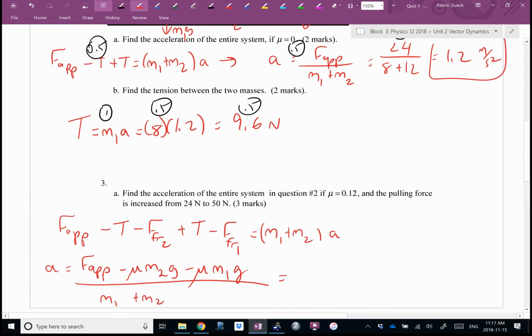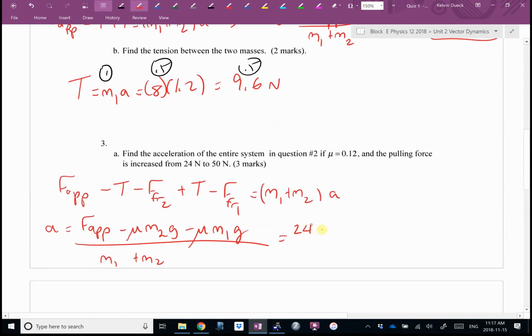24, 8, and 12, and 0.12. 24 minus 0.12 times, was the first one? 12 times 9.8 minus 0.12 times 8 times 9.8. Did I make a mistake? Oh, that's right, because 24, it won't go anywhere.